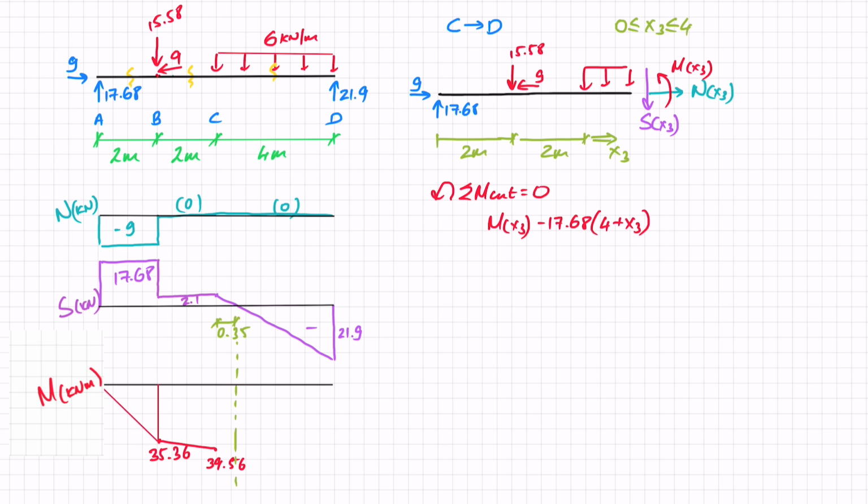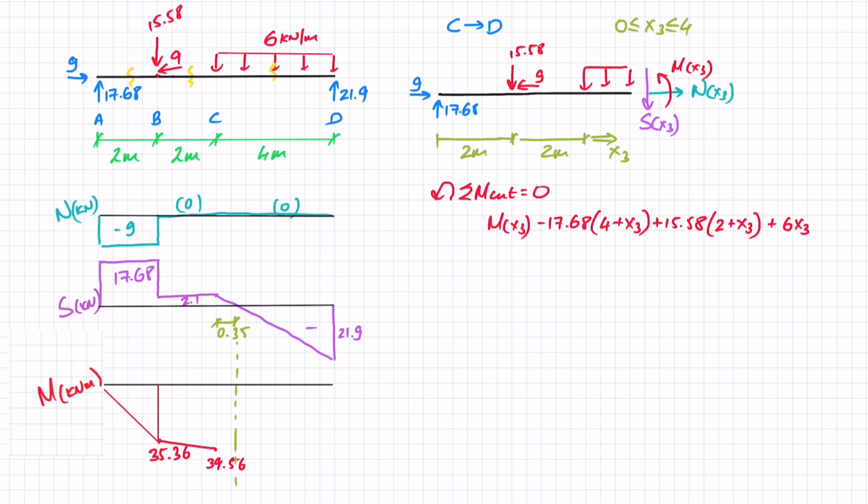We've also got the concentrated load of 15.58, which creates a positive moment of 2 plus x3. And finally, we have our UDL, and that creates a positive moment of 6x3.